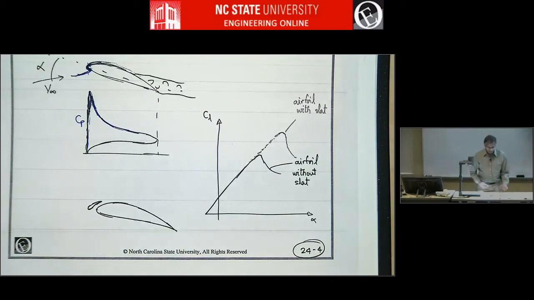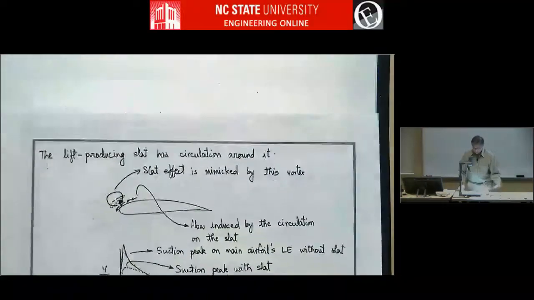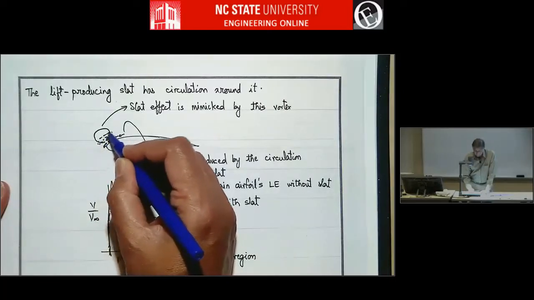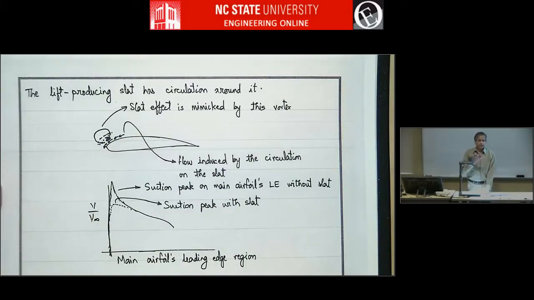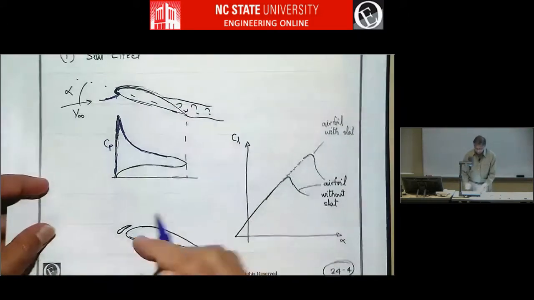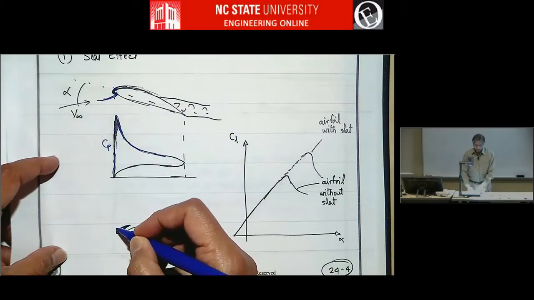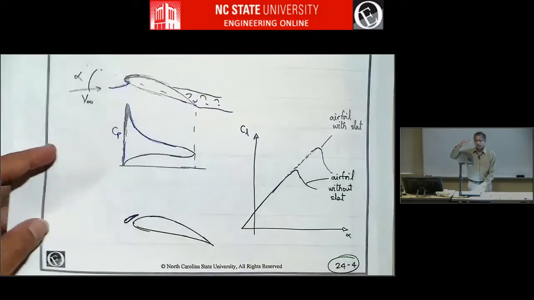So why does that happen? Amos Smith calls this the slat effect. What is happening is the slat is an airfoil here, and that's generating lift, right? The slat is an airfoil, and when it's pulled out like that, that generates a small amount of lift.